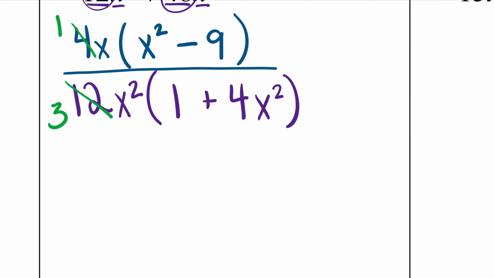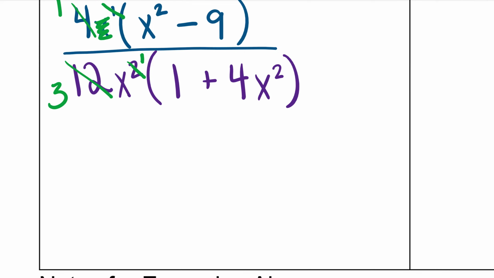And then I look at my x's. If I have at least an x on top and an x on bottom, I can reduce. So notice if I have 1 x on top and I have 2 on the bottom, I can get rid of the 1 on top and the x would go away, which means I would get rid of 1 on bottom and I would have 1 x left over. Okay, so let's just start with that.